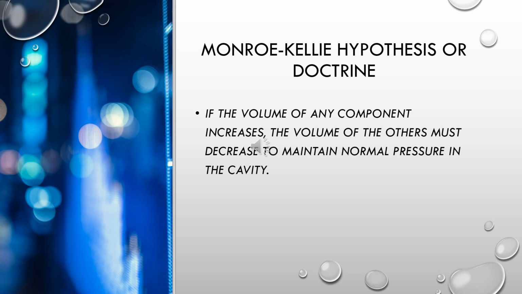It's a compensatory mechanism, but it's not necessarily one that's the best for preserving life. But that's just how it works. That's what this hypothesis is looking at, basically that if one thing increases, one of the other two has to decrease to try to regulate the pressures within that cavity.